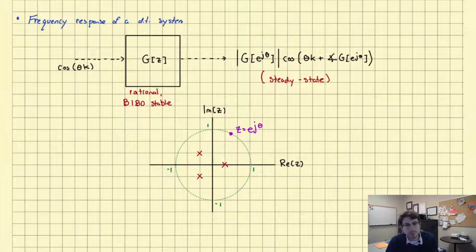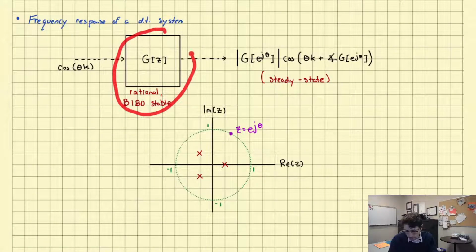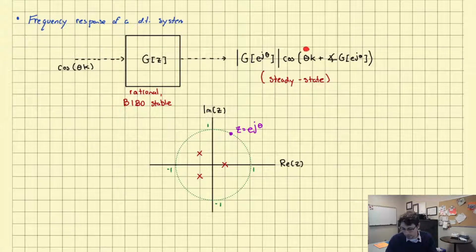Then we started talking about the frequency response of a discrete time system, and long story short, it looks very much like continuous time, okay? A lot of the things when we talk about discrete time, there's an analogy to be made with continuous time. And so in particular, if you have a linear time invariant system with transfer function G, which is rational and BIBO stable, we argued last class that when you apply a discrete time sinusoidal input to this system, in steady state, you get a discrete time sinusoid as output of the same frequency.